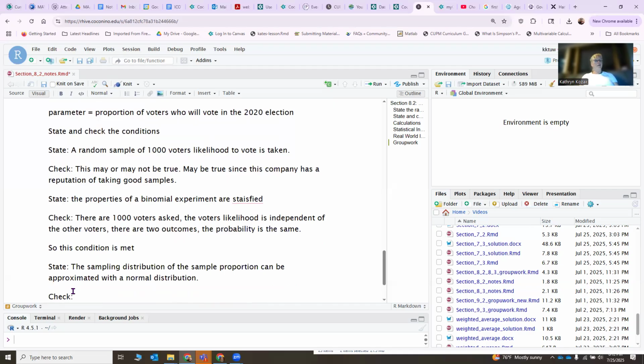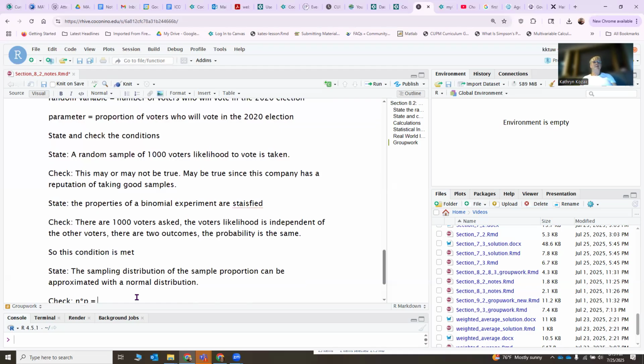The problem with the check on this one is that we don't know what the P is. So normally you do N times P. We don't know what P is because that's what we're trying to find. We're trying to estimate that. So we're not exactly sure what that is. But we did notice we have 1,000 voters. So N times P will actually give us 1,000.